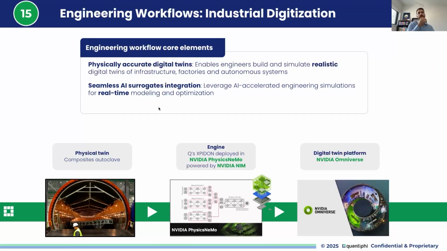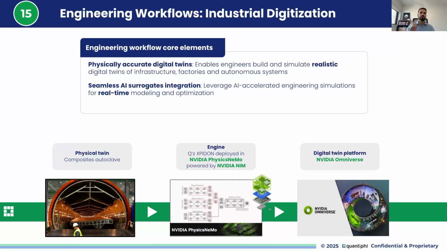Now, moving on to the second pillar, engineering workflows. Our vision is that we can redefine engineering workflows by introducing industrial digitization. The two core elements for that: one is physically accurate digital twins. These are models that enable engineers to build and simulate realistic digital twins for factories, infrastructure, and so on.